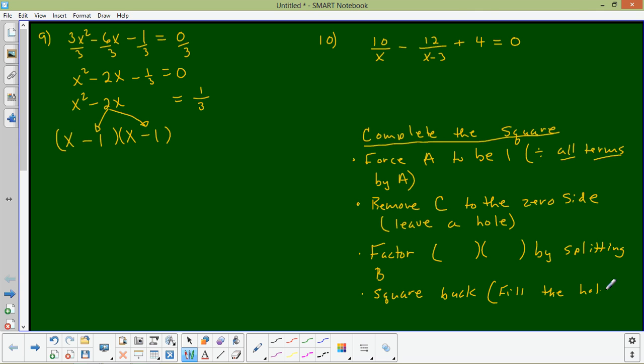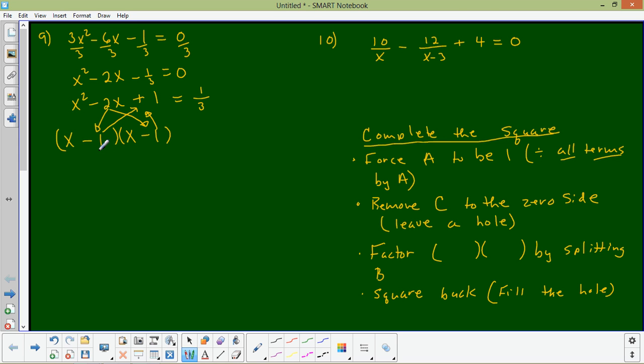Fill the hole. So the idea is that multiplying these two binomials together, you're going to get the x squared you planned. You are going to get, by outer pair and inner pair, the minus 2x you planned. But you're also going to cause, as a consequence of the way you're forcing this squaring, an addition of a 1 in this case.